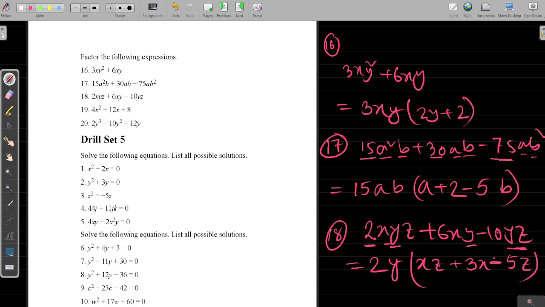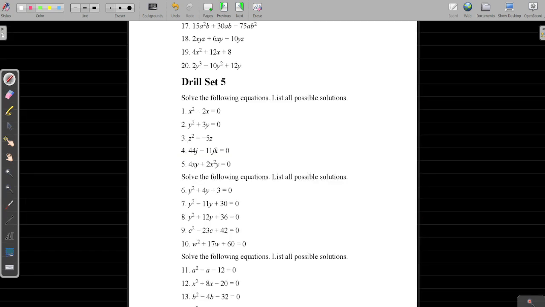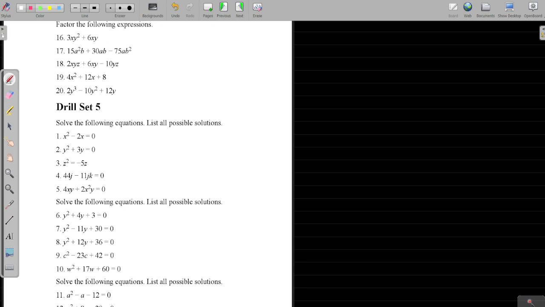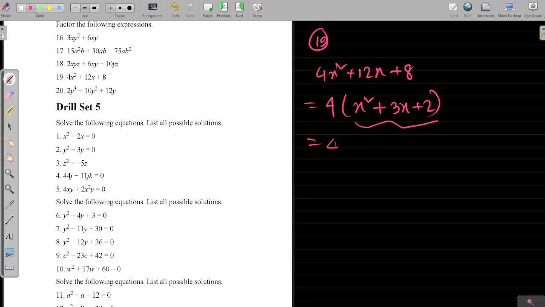Okay. Now I'm going to solve the next one, question number 19. So 4x square plus 12x plus 8. So if I take common 4 from here, then the remaining part will be x square plus 3x plus 2. So if I calculate this one, then I need to do factorization or middle term.